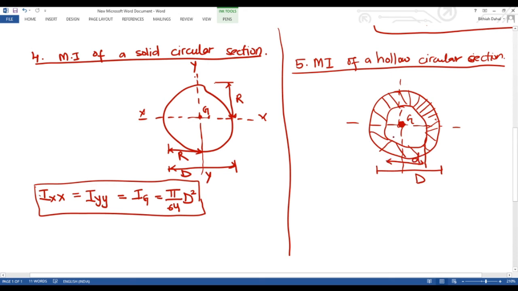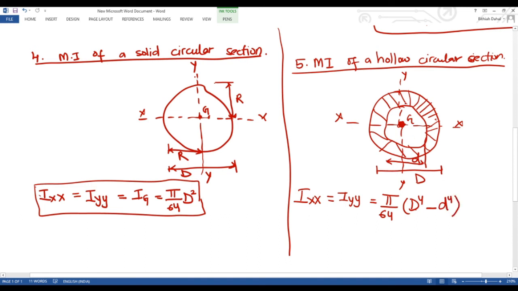Now, if I want to find the moment of inertia, again the moment of inertia about the x-x axis will be equal to the moment of inertia about the y-y axis, which will be equal to pi by 64 times D raised to power 4, capital D for the outer diameter of the circle, minus small d raised to power 4.